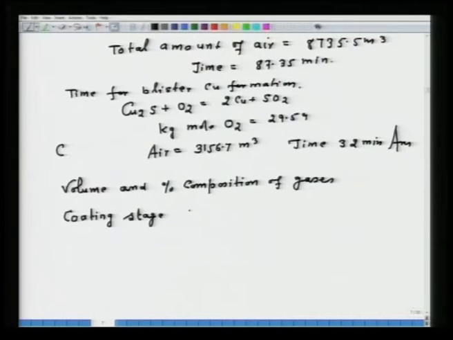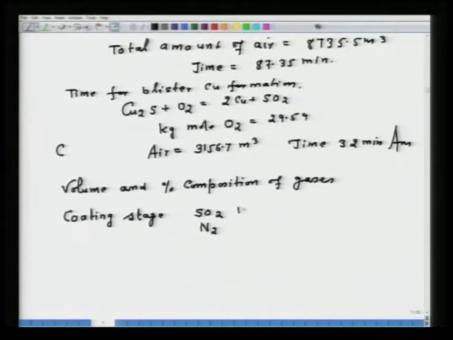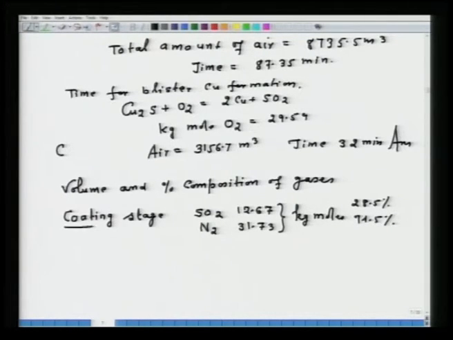In the coating stage, you have SO2 and nitrogen, because you are blowing air, and FeS is converted to Fe3O4. So, the SO2 will be 12.67 kg moles and N2 is 31.73, they are all in kg moles. So, the percentage is 28.5% and 71.5%. So, this is in the coating stage.